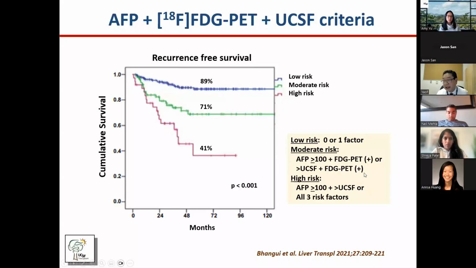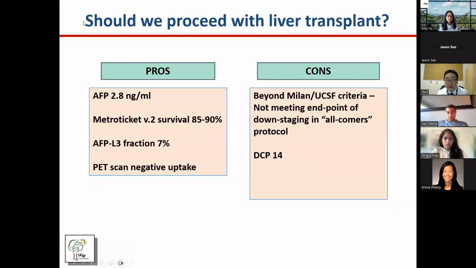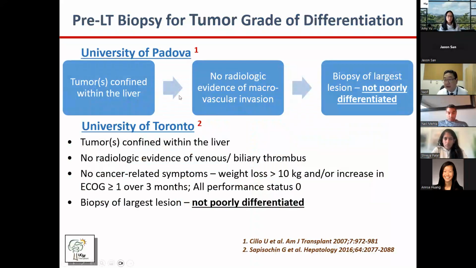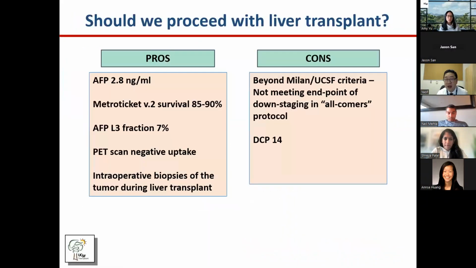How about PET-CT? We reviewed this study. PET may have prognostic value in evaluating patients for transplant, and this patient is PET negative. More information? Okay, biopsy. We want to make sure the biopsy does not show poorly differentiated tumors.